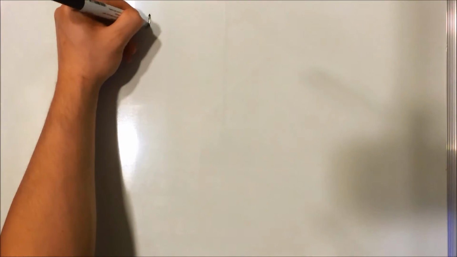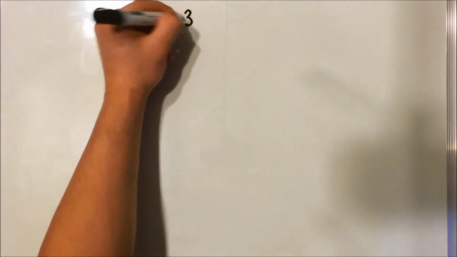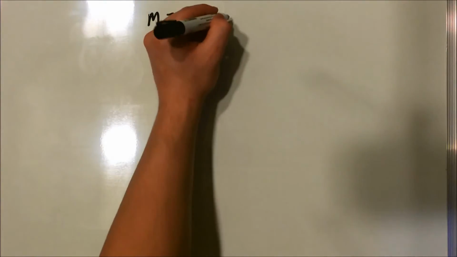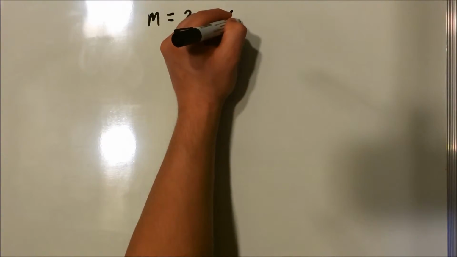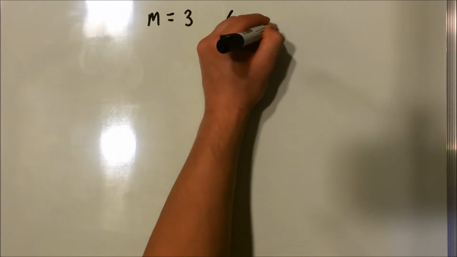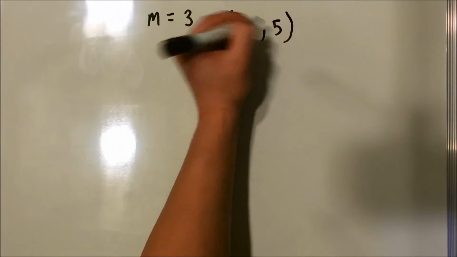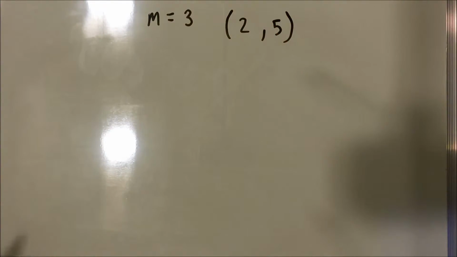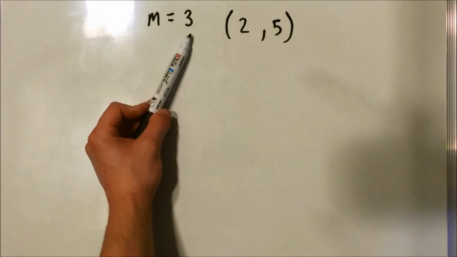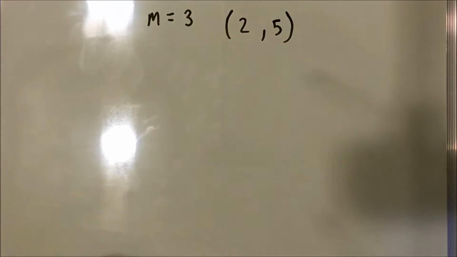Let's say I have a question where you can't see the graph, so you can't count the change in y or the change in x to find the gradient, or see where it crosses the y-axis. But let's just say that it tells you that the gradient is 3 and it goes through the point 2, 5.